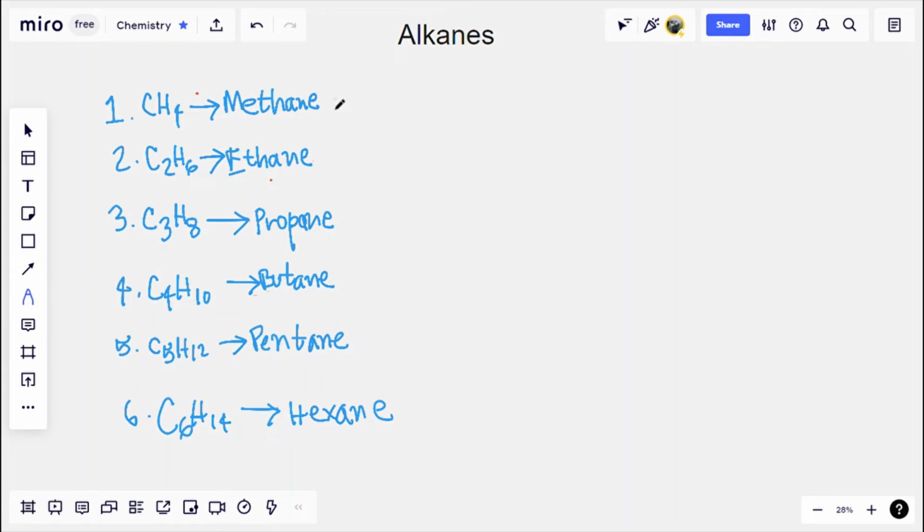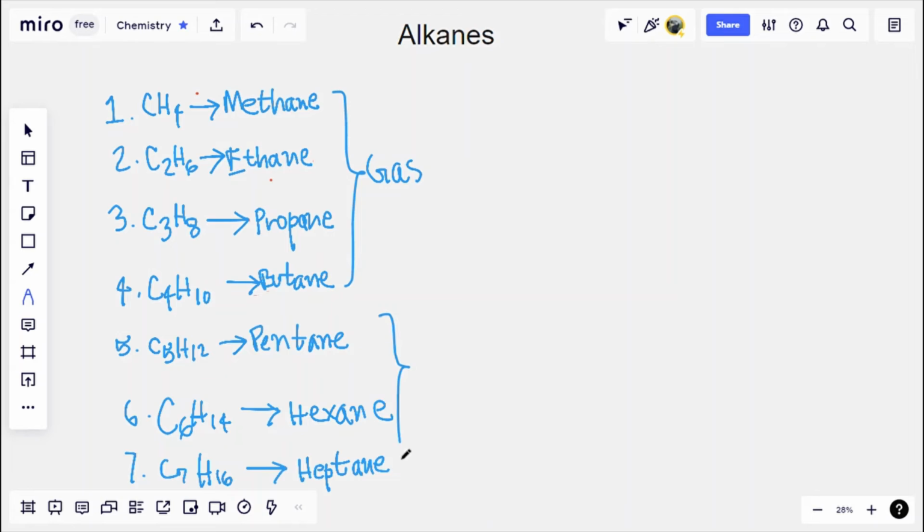And note that these four hydrocarbons are gas, and we have entered the liquid state from number 5. So the seventh one is C7H, 7 times 2 is 14 plus 2 is 16, H16, is heptane. So these three are liquid.